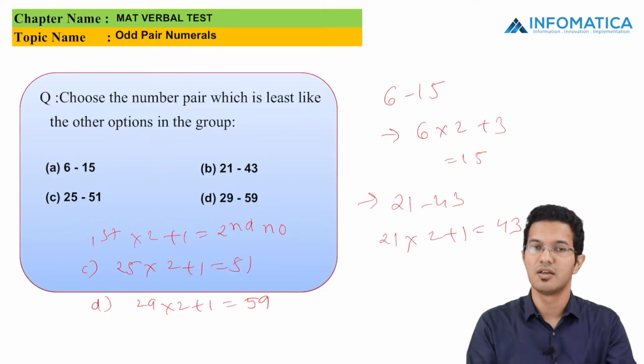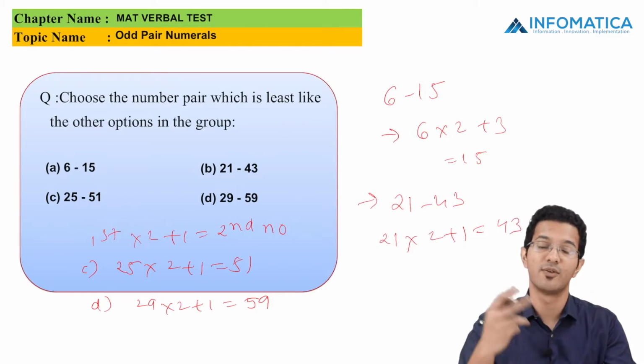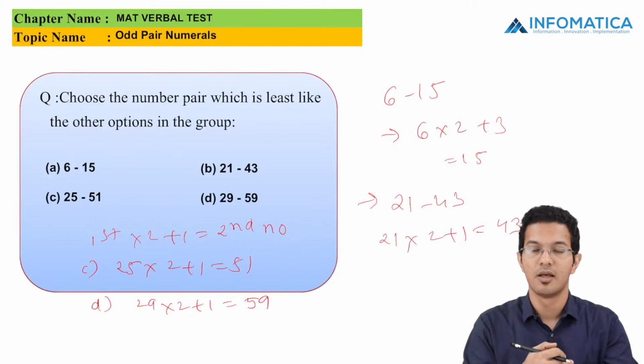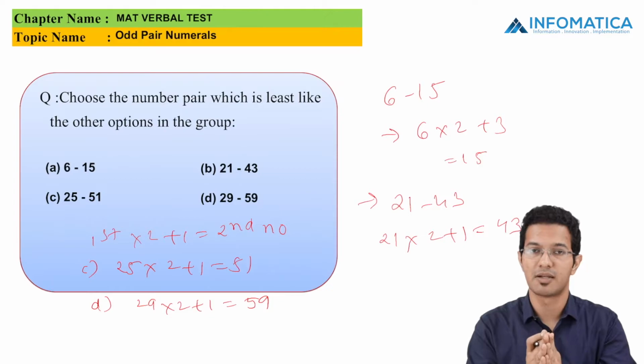So looking closely, we can see that option C and option D is following the pattern of first number into 2 plus 1, which will give you the second number. So we can say that option A is not following this pattern, thus it is the odd man out.